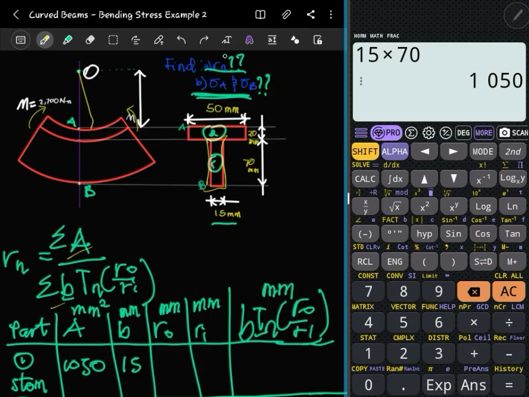We are assuming the center of curvature is about here, from here to here. That's how it moves. If you are trying to find Ri, from the center of curvature to where the first fiber is, what do we need? We need this from here to here. Do we have the distance for that one?